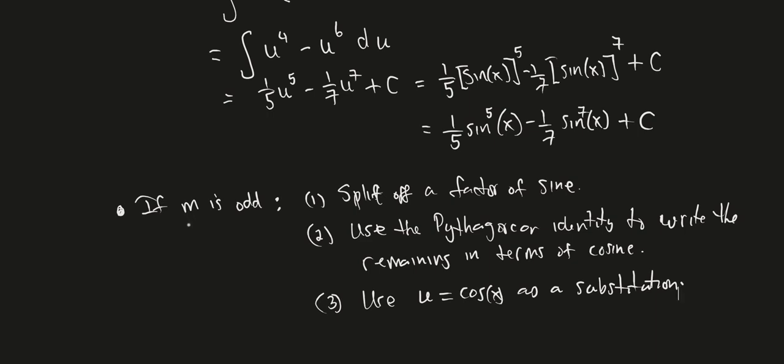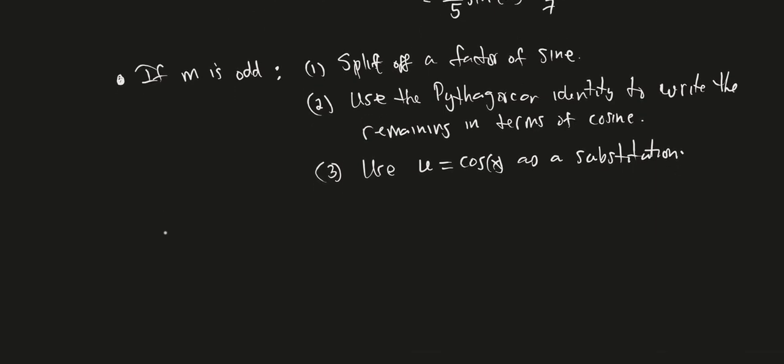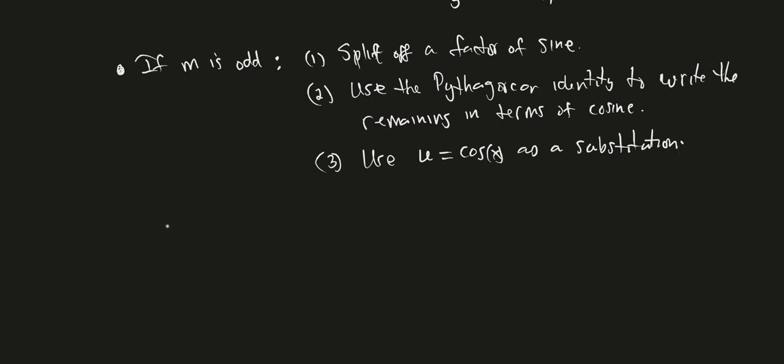Let's wrap this up by doing a final example of where both the powers are odd, and I'll show you what you can do. So if both of them are odd, let's say we have something like the sine of 3x to the third power, and then cosine of 3x, let's say, to the fifth power dx.